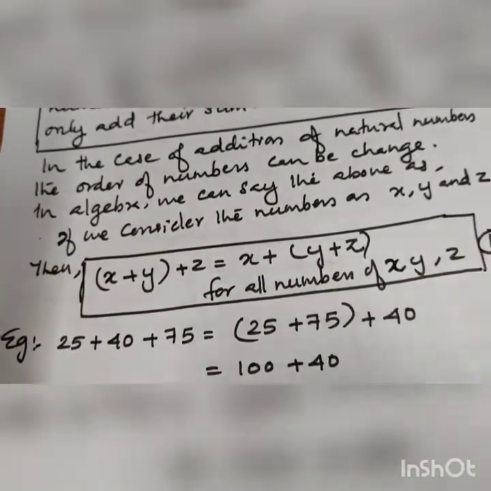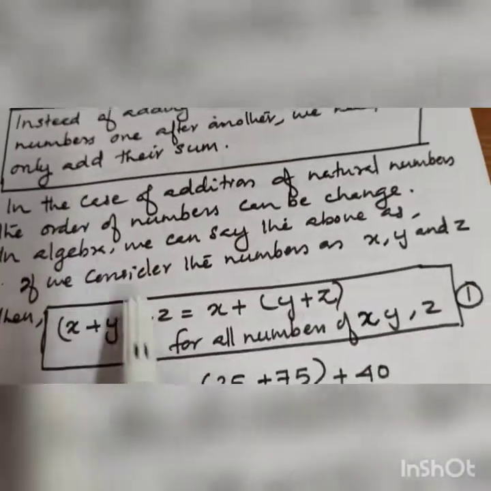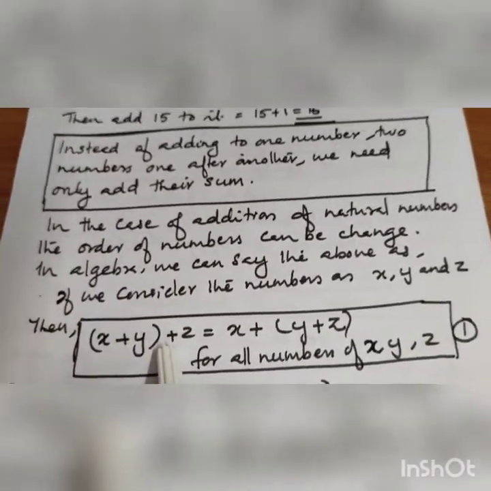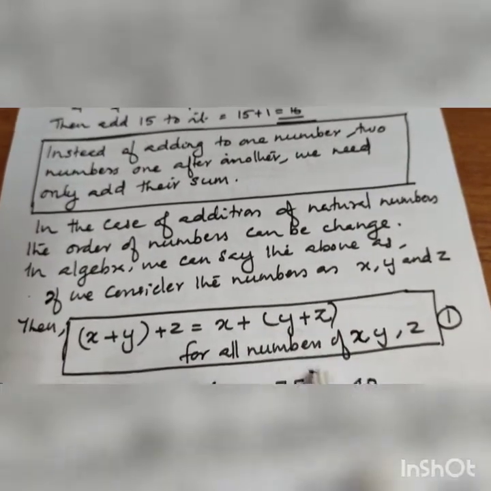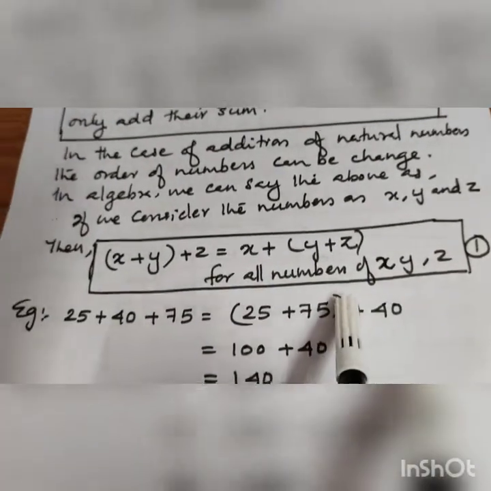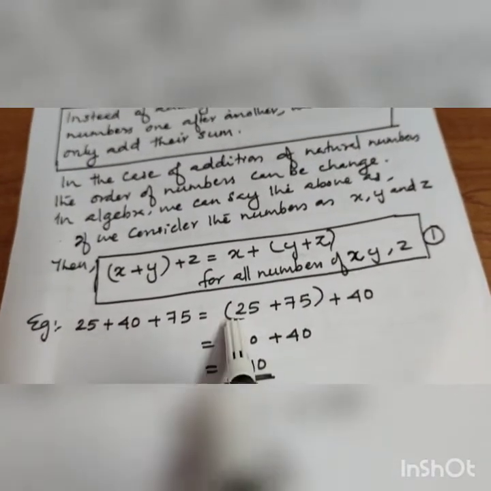Therefore, this is the first rule: x plus y plus z is equal to x plus z plus y for all numbers x, y and z.